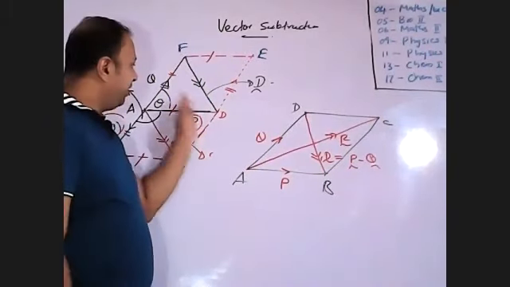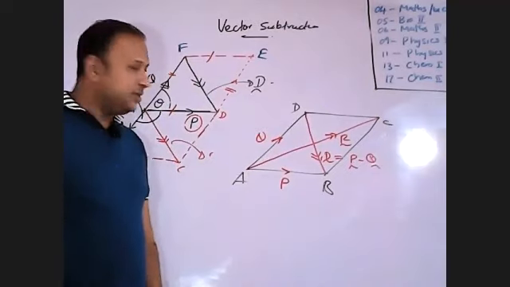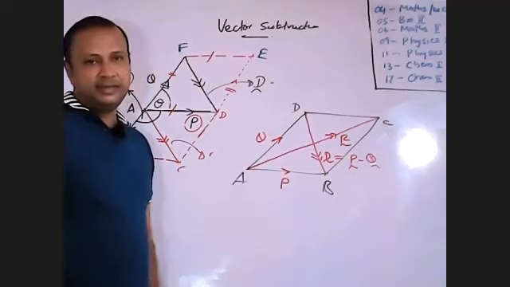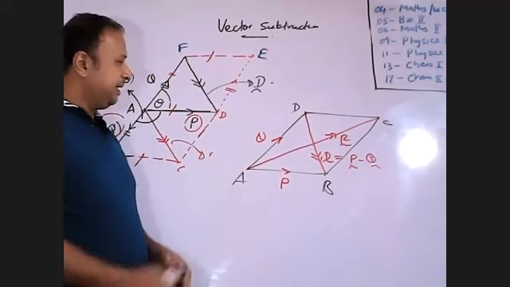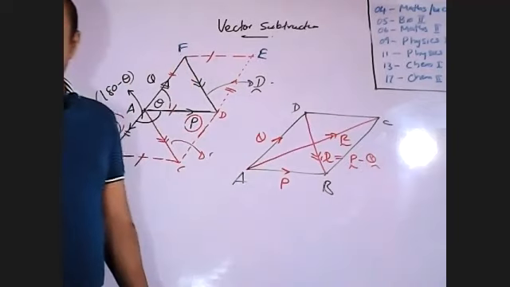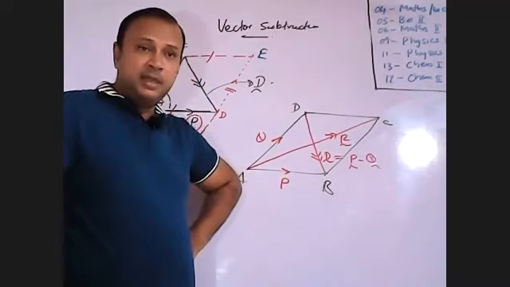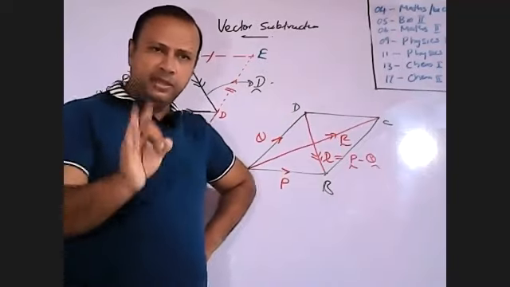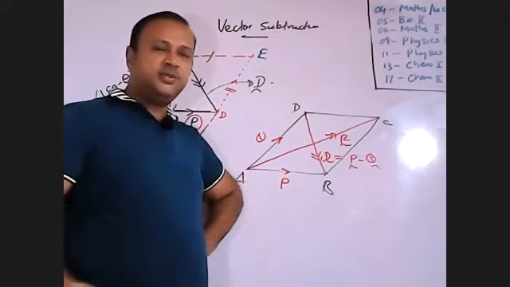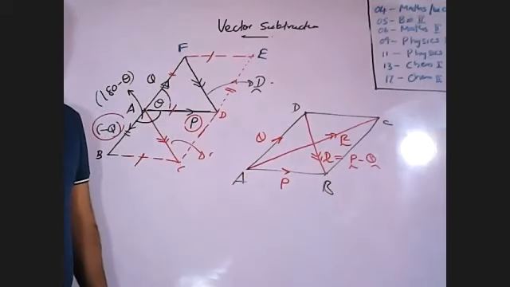So I can reduce these two parallelograms into one parallelogram, and I can use that result. Okay, that is a brief description of last day's lesson. Do you have any questions regarding this vector subtraction?